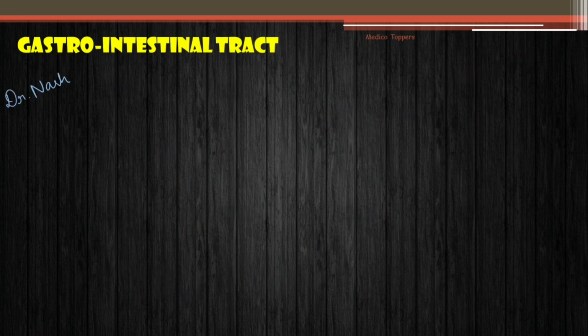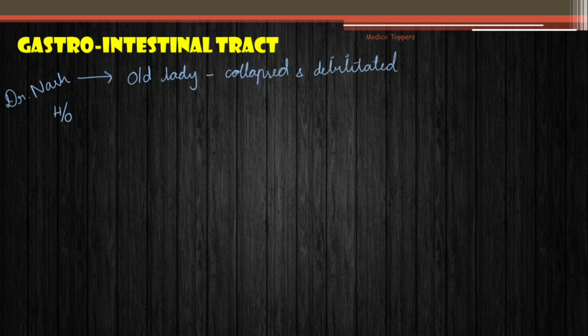So now regarding the action of colchicum on the gastrointestinal tract, I would like to share a case which was presented by Dr. Nash. So there was an old lady. She was completely collapsed and debilitated, and she was complaining of a history of diarrhea, and that too very frequent, around 65 episodes in 24 hours.